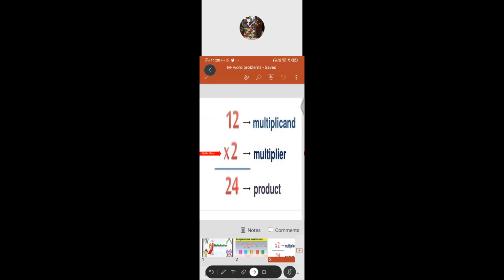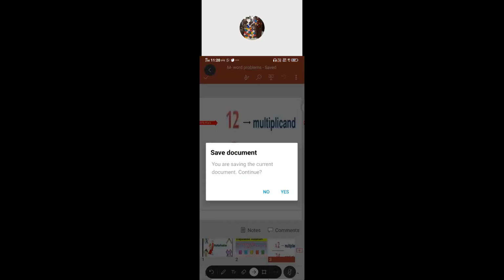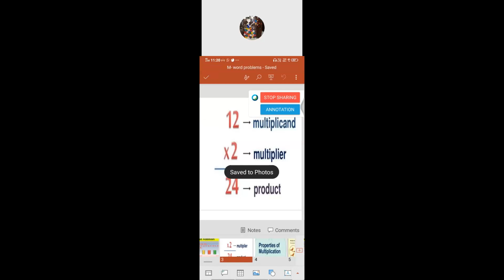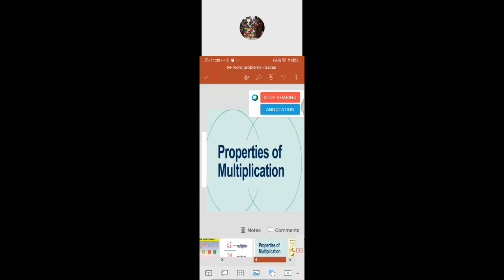Factors. Got it? Another name for multiplicand as well as multiplier is factors. Very good. Then product.